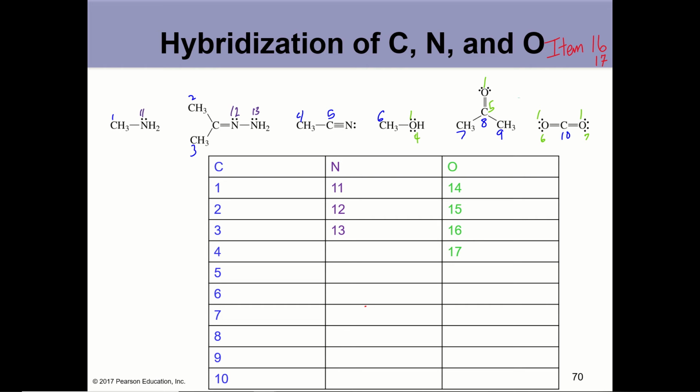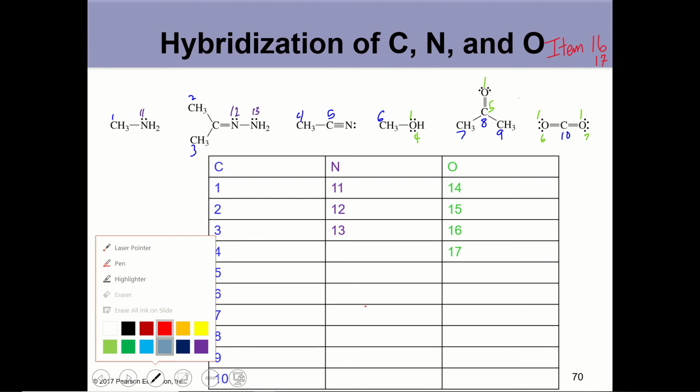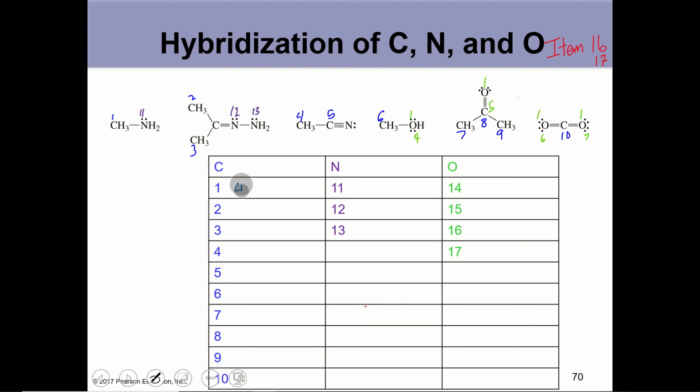So if we start at number 1, carbon 1 has 4 bond sites, 3 bonds to hydrogen and 1 bond to nitrogen, and no lone pairs. So it has 4 electron domains, and the hybridization is sp3.